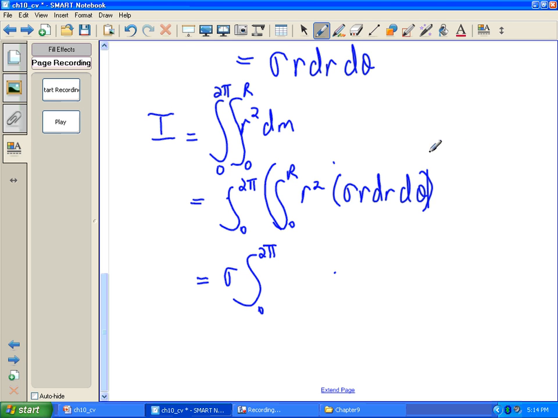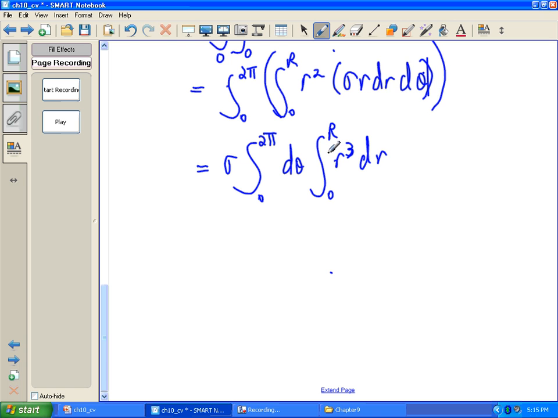And if we do this integration here, the d theta is constant, so it comes out of this integral. 0 to R, r squared, r cubed, right? Because we have an r squared times r, dr. So again, the d theta was constant. It does not vary with the value of r. We're still summing from 0 to 2 pi, so we pull it out of this integral, which then fits it into this outer integral.